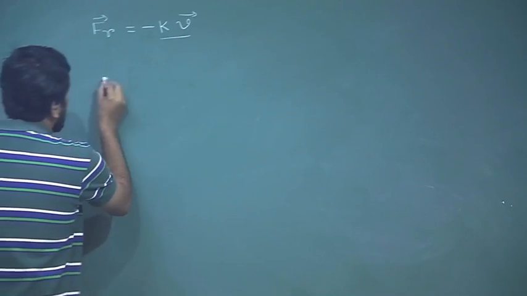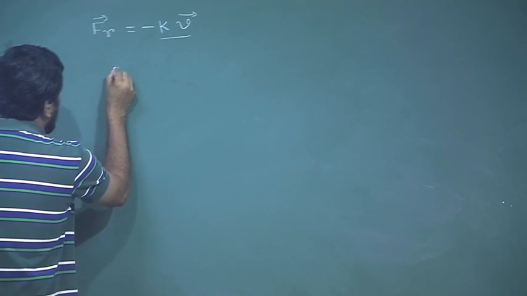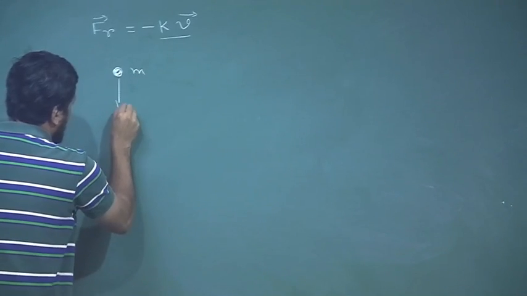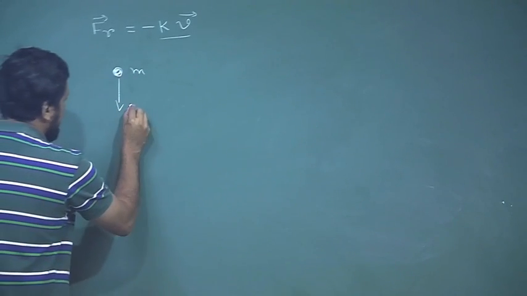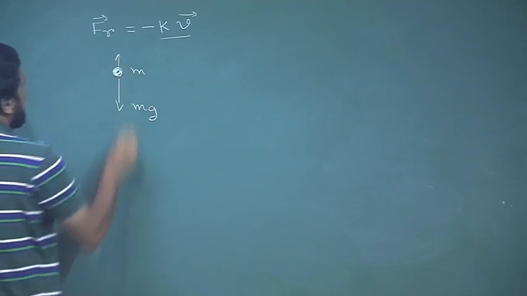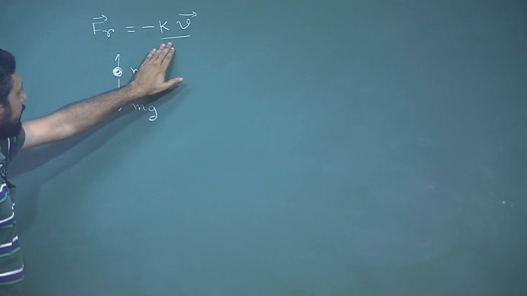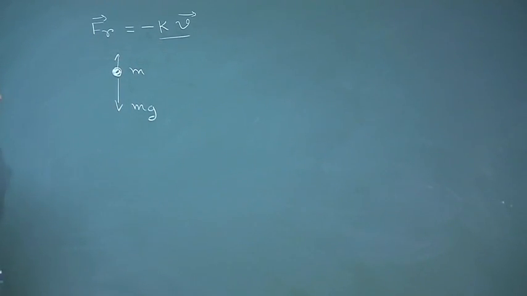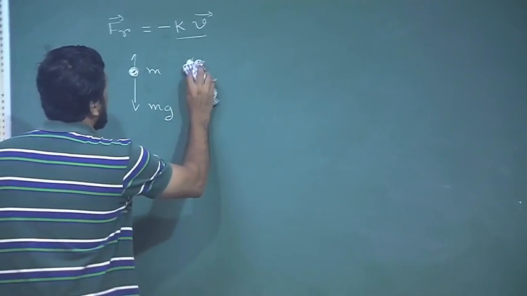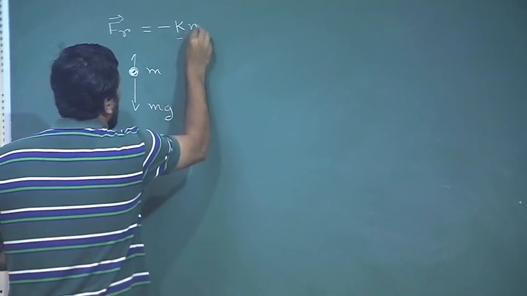Let us assume that a particle of mass m is falling under the influence of gravity. So, there is a force mg working on it, and then there is a resistive force which is proportional to its velocity working upwards. Now, for the sake of simplicity, we will replace this kV by kmv.